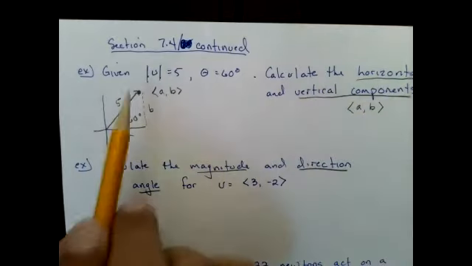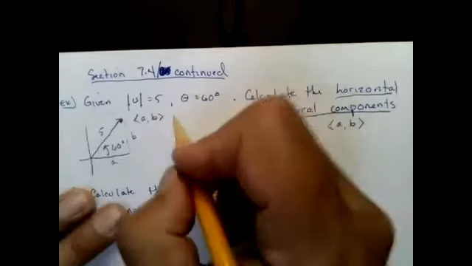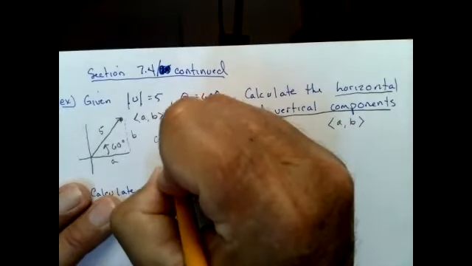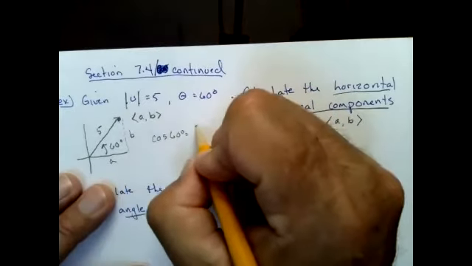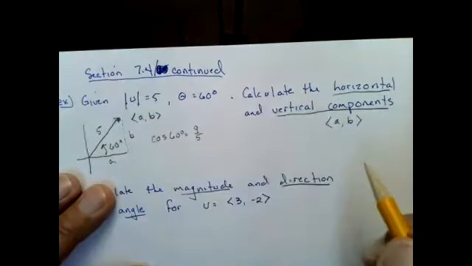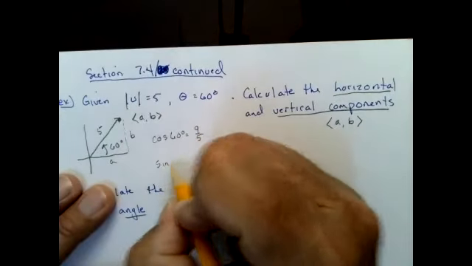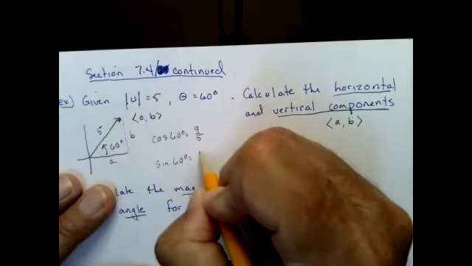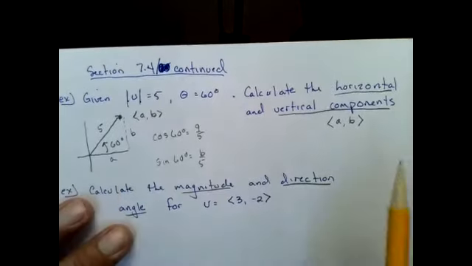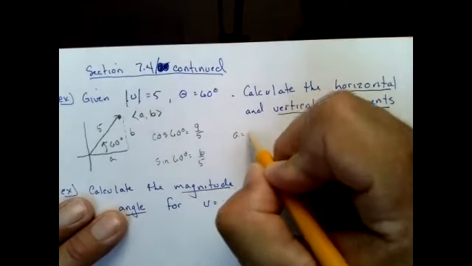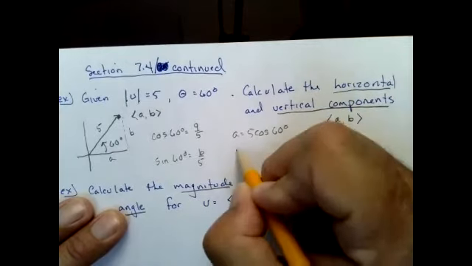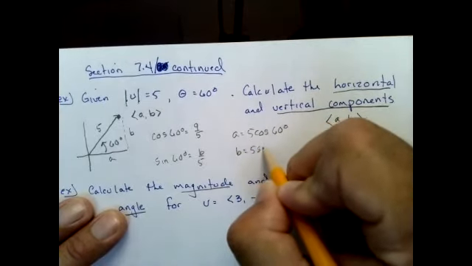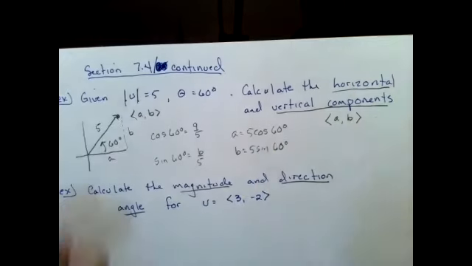So the cosine of 60 degrees equals A over 5, and the sine of 60 degrees equals B over 5. So A equals 5 cosine of 60 degrees, and B equals 5 sine of 60 degrees.